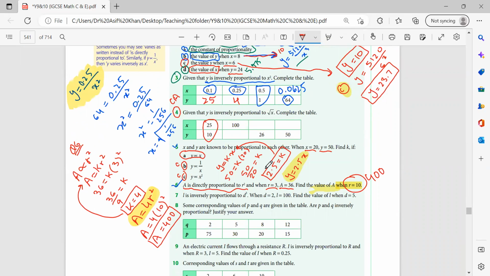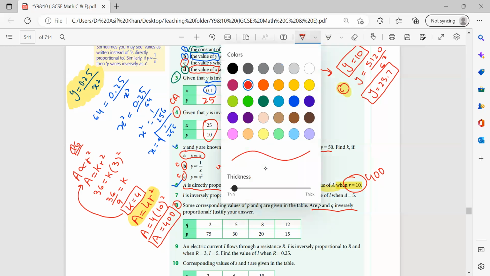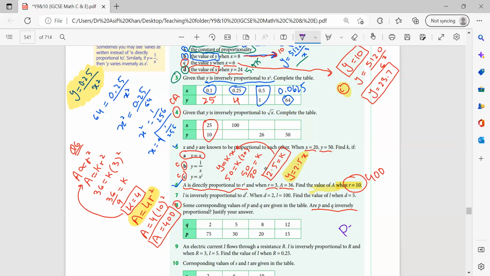Okay, one last part I am going to quickly define. In question number 8, all the values are given. Here you have to check whether P and Q are inversely proportional or not. We know that whenever they are inversely proportional, it is always P is equal to K over Q. Whenever you put the values of P and Q, the value of K will remain the same for all the parts.